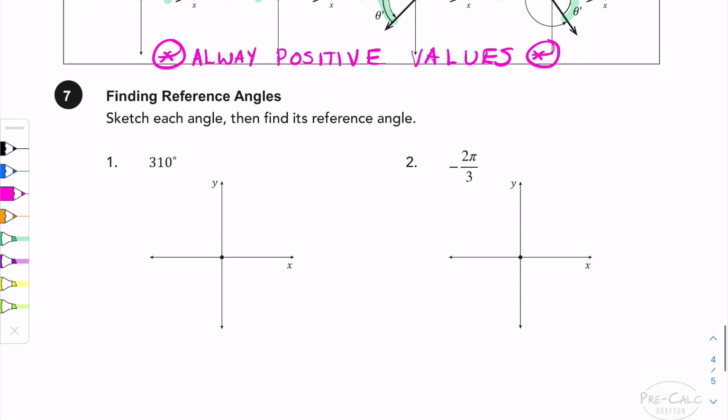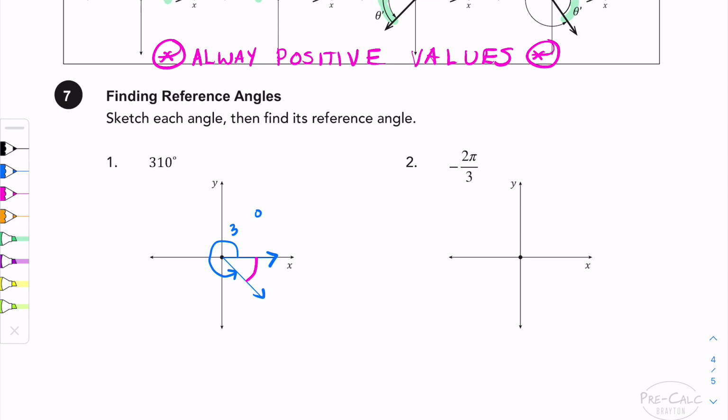Okay, number 1, finding the reference angle. So we need to first sketch 310 degrees. I know that 310 degrees is a positive angle, so I'm moving counterclockwise. I also know that 310 is 50 degrees shy of 360. So my angle is in this location. If you're in the 4th quadrant, the reference angle always returns back to the positive x-axis. I wrote this wrong, sorry.